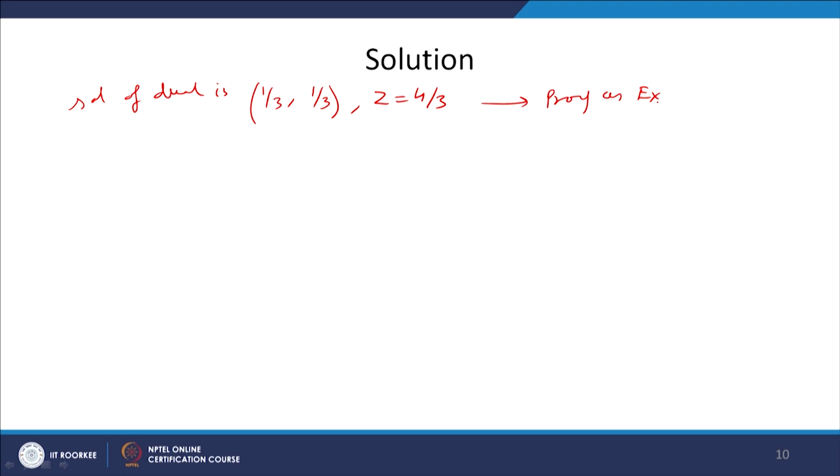Now, what are the two complementary conditions that we will make use over here? So, let us try to look at the two complementary conditions. We will use the following two conditions.